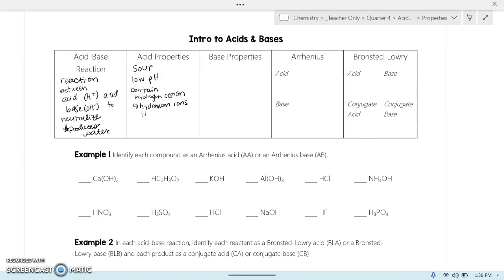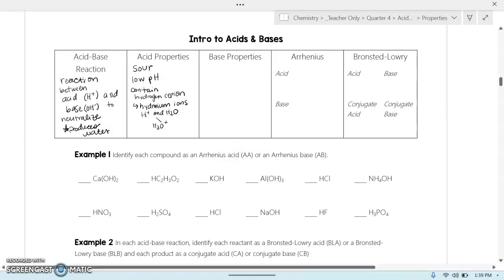So that's H and H2O bonding together to form H3O if you add those together. This is a hydronium ion, and that will be part of our definition. In water, it produces hydronium, H3O, positive charge.